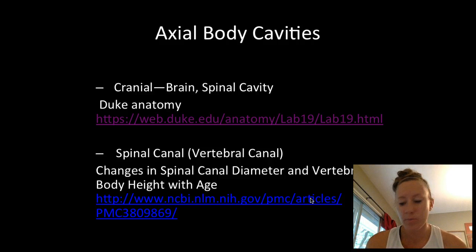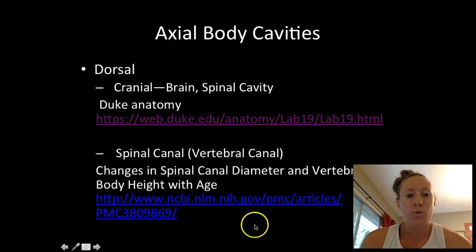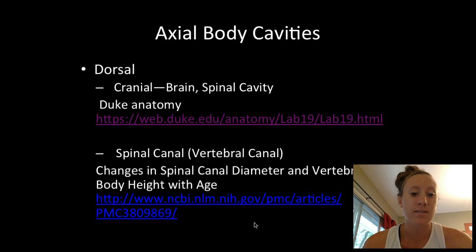We've got several body cavities, and the axial portion has two main parts, the dorsal body cavities and the ventral body cavities. So the dorsal body cavity contains the cranial cavity and the spinal canal, or vertebral canal.